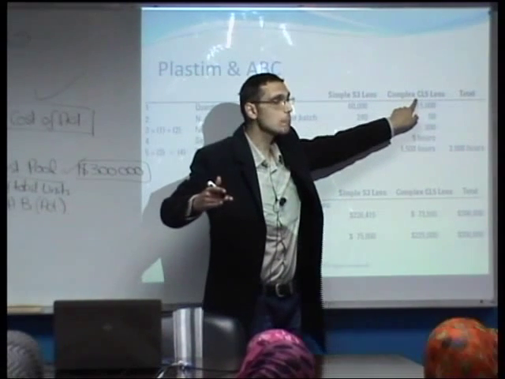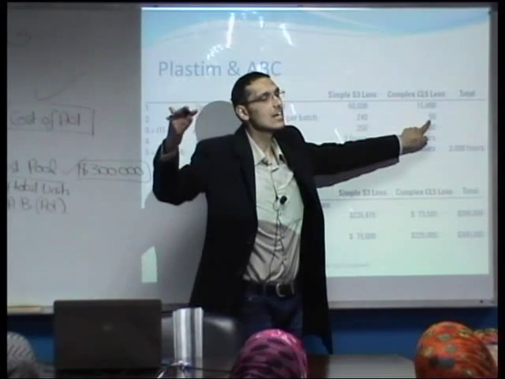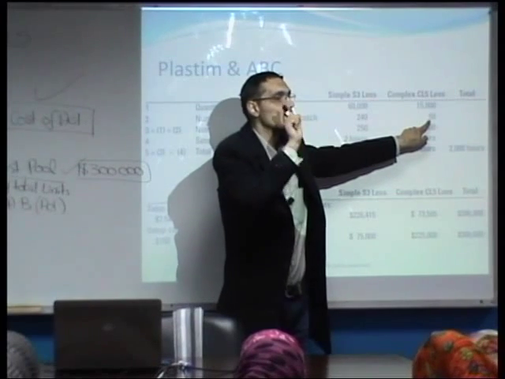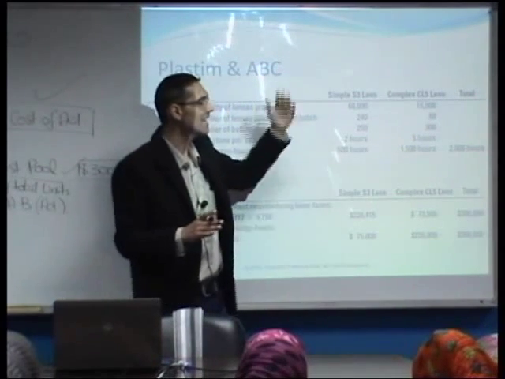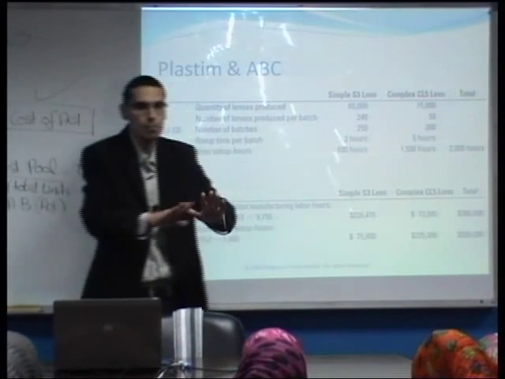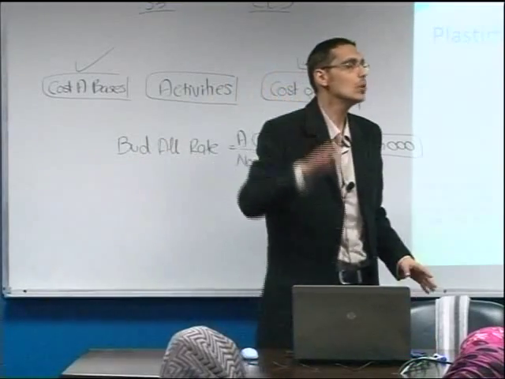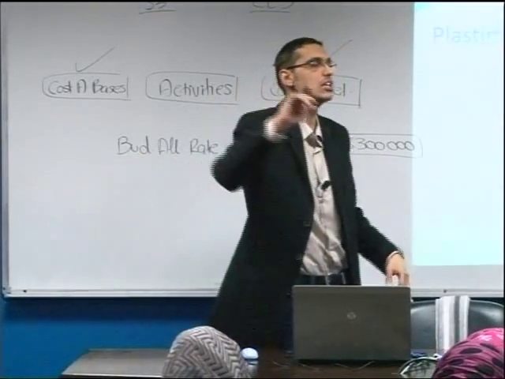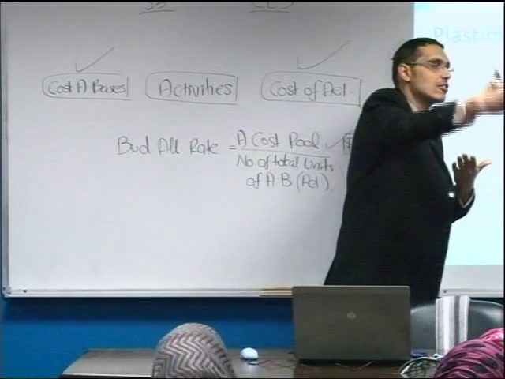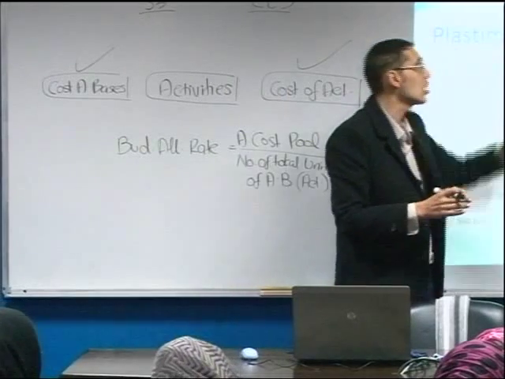While for the complex lens, we only produce 50 units per batch. That means each 240 units, we need to stop our manufacturing process, tweak our machines, clean our machines, and set up our machines for the next 240 units of the S3.